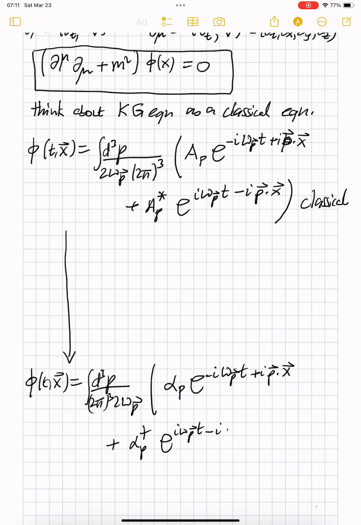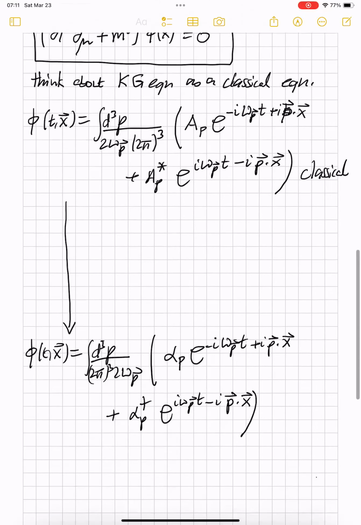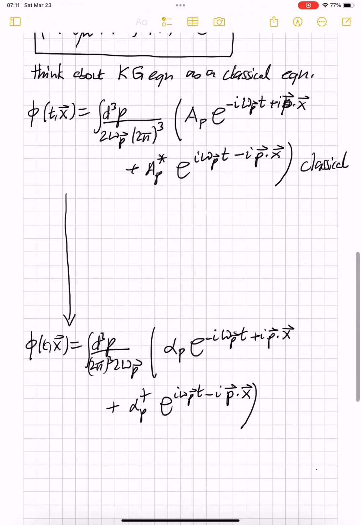Now, if you wanted to work out the strength of this field, the amount of the field in mode p, we can speak about each of these different plane waves as different modes, different ways in which the field can oscillate. And we can talk about the amplitude inside each of these modes.